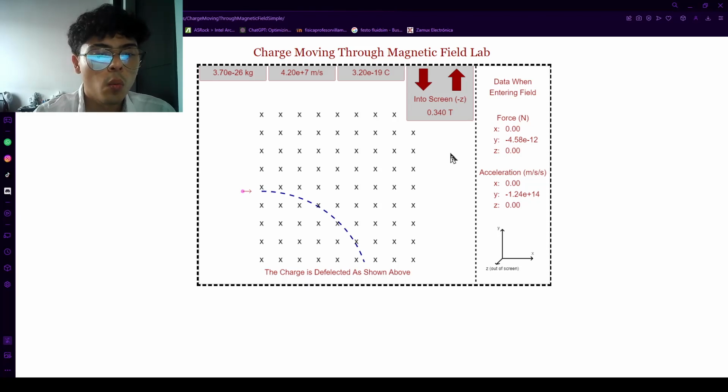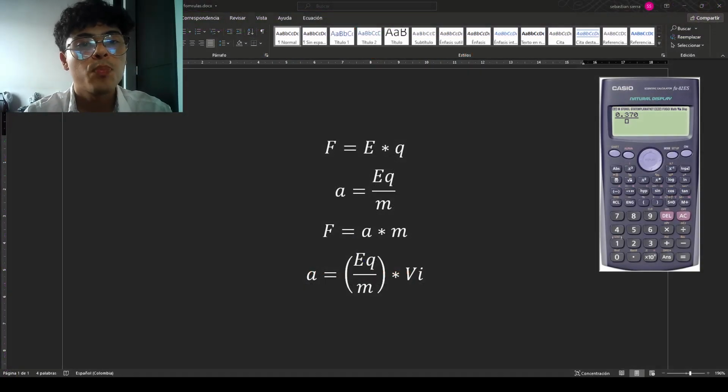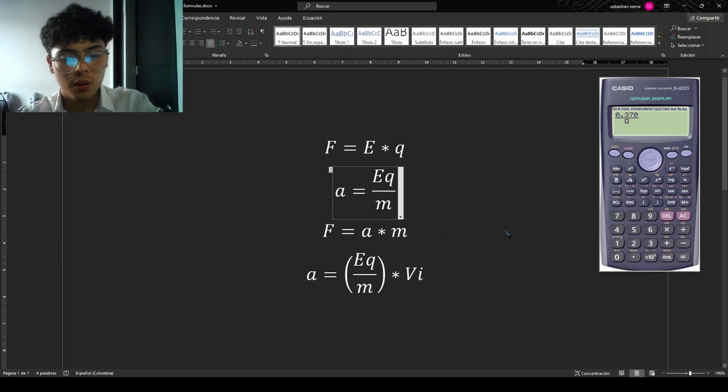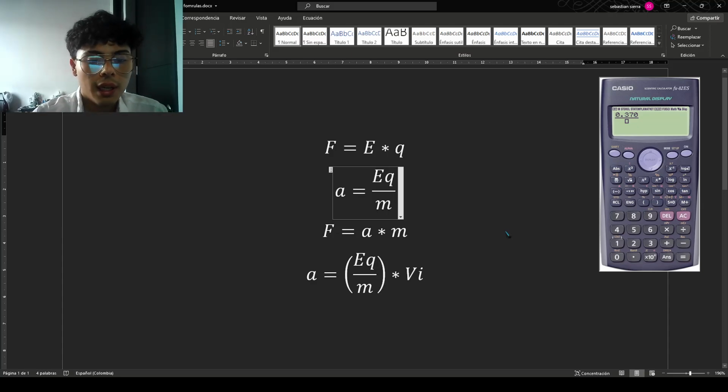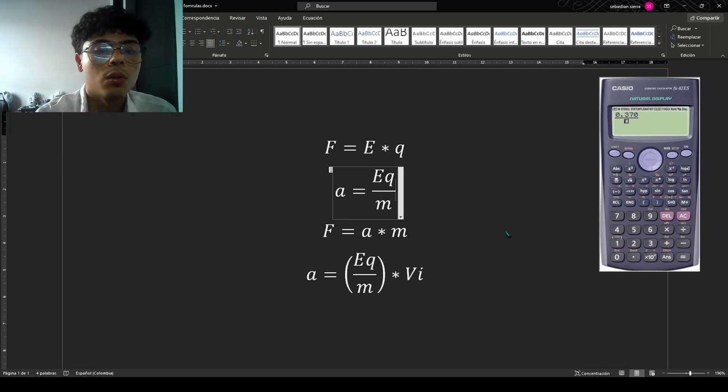We will proceed to corroborate the result with the formulas explained earlier, to deduce the problem and determine which formula to use. In this case, we'll use two formulas: acceleration and the force exerted on the particle.